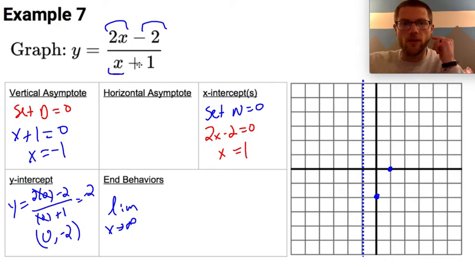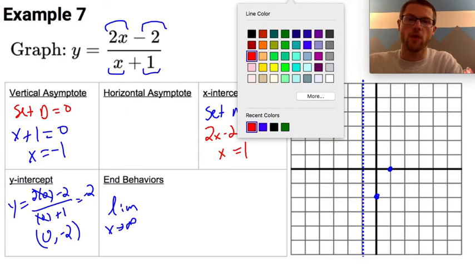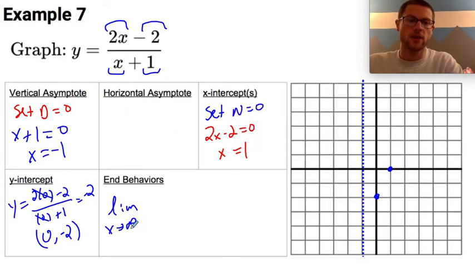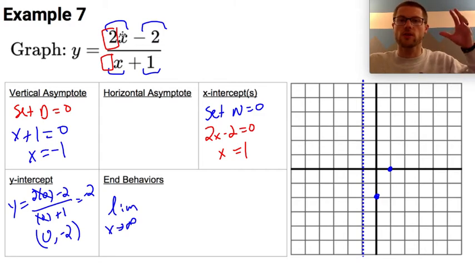In my denominator, a very similar thing is happening, where this 1 becomes less and less important as I put in larger and larger numbers. And so what I'm interested in when I'm thinking about where this graph approaches as x goes towards infinity is the ratio between the coefficients of these x values. I'm doubling my large x values on top, and I'm just keeping my x values the same on bottom.